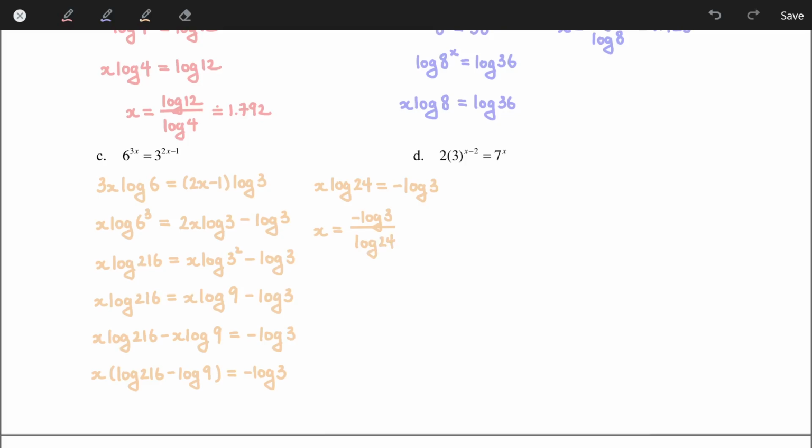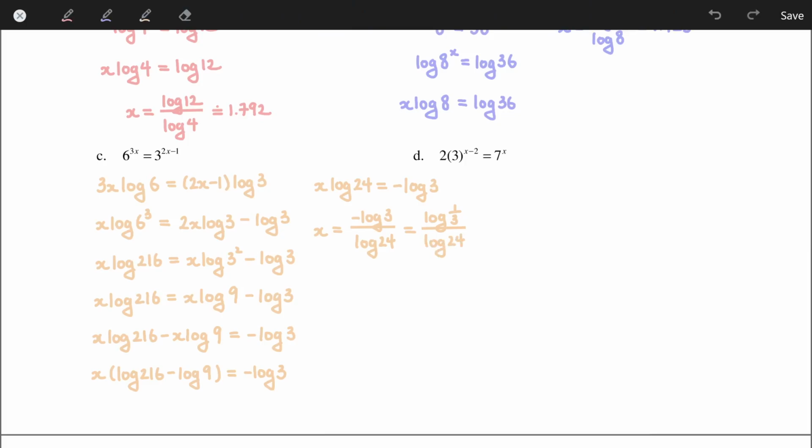Alternatively, the negative log 3 can be rewritten as log 1/3, since that is negative 1 in front of the logarithm. So if we were to move it back to being an exponent, we have 3 to the negative 1 power, which means we have log 1/3, and that's going to be still over log 24 on the denominator side.